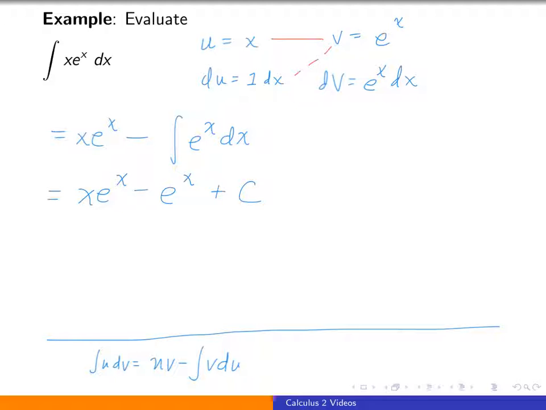As a side note, if the x that we had in this original integral was instead a different power of x, we could still use integration by parts. So integration by parts also works well when we have x raised to any power, or in fact it could even be a polynomial times the exponential.